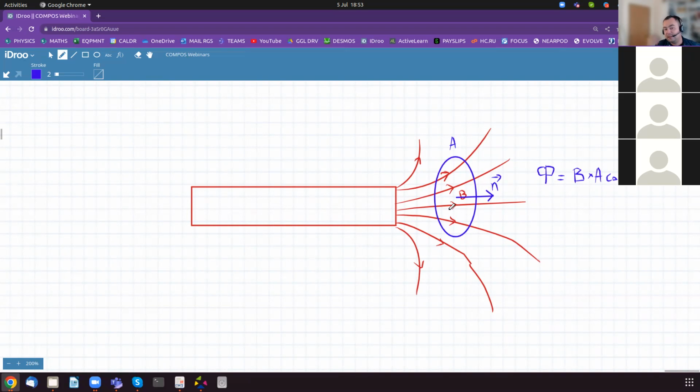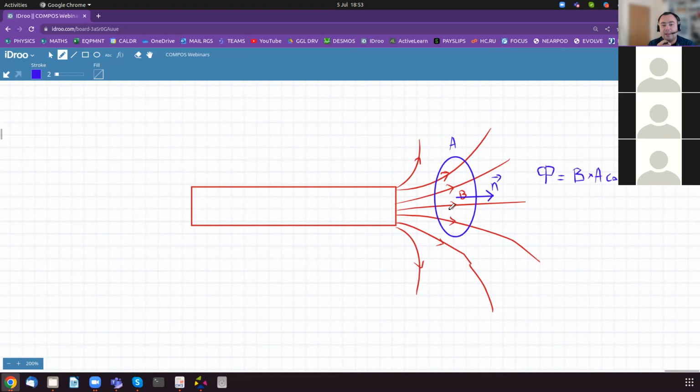And we're interested in how much of the magnetic field actually passes through that loop. So how many magnetic lines can we catch with that loop? And this is what flux is. The more lines we capture, the more flux.